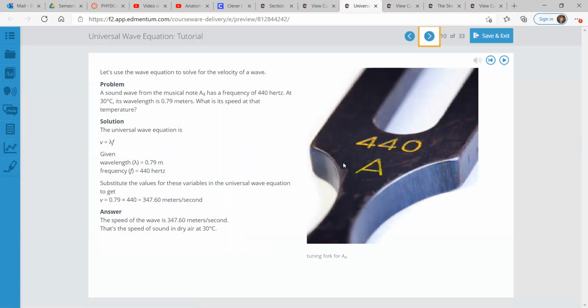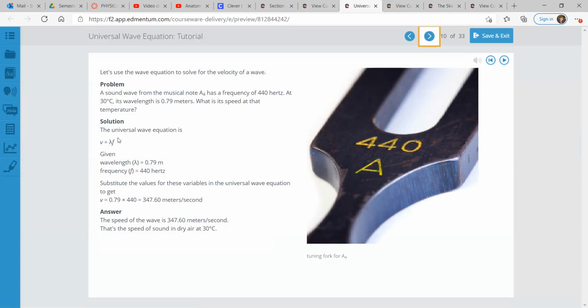So here's an example of using the wave equation to solve for the velocity of a wave. A sound wave from a musical note has a frequency of 440 hertz. At 30 degrees Celsius, its wavelength is 0.79 meters. What's the speed at that temperature?